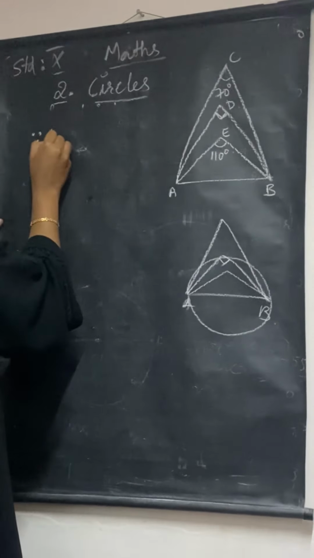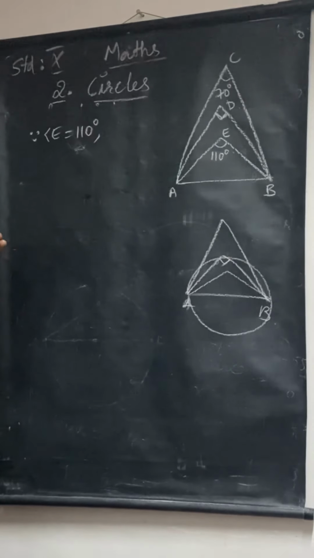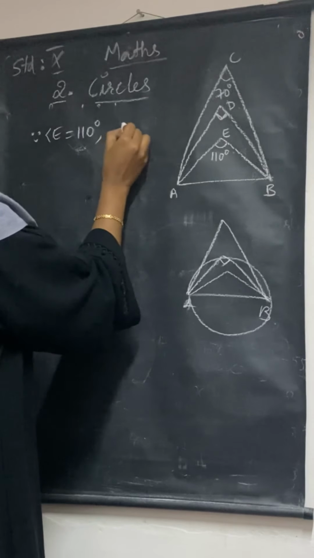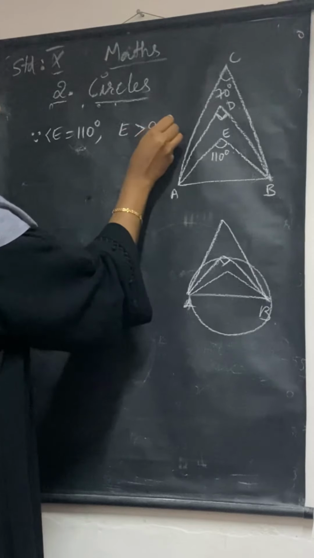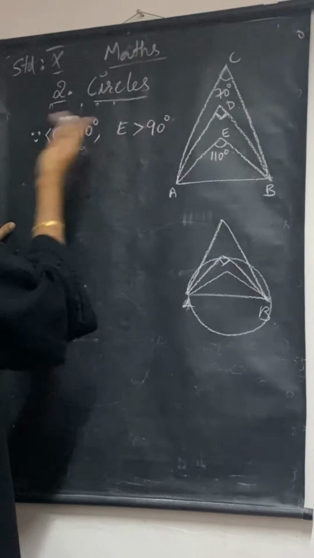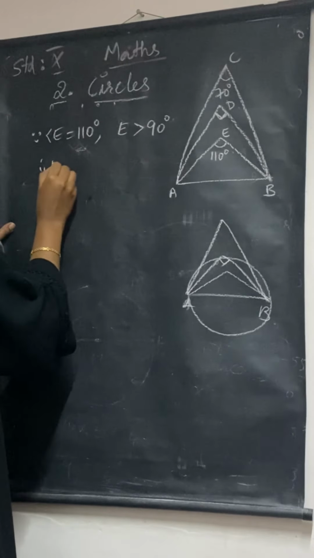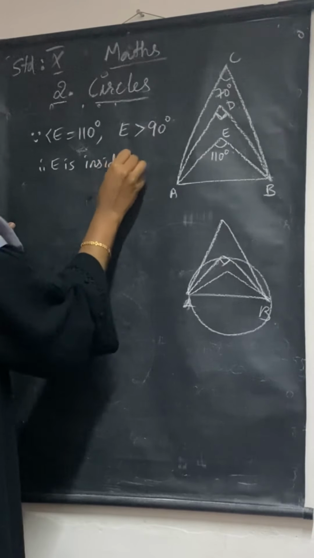E is 110. You know that it is more than 90. So I can say E is more than 90 degrees. This is the reason, what you understood, that you have to write. E is more than 90 degrees, therefore E is inside the circle.